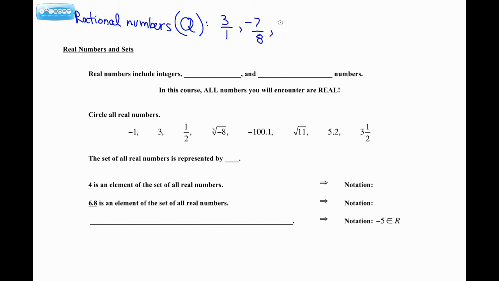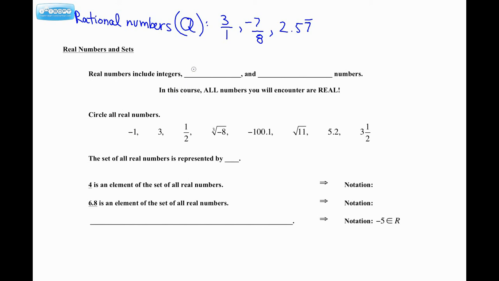Also, if you have a decimal, let's say it goes on forever, but it repeats somewhere. Okay, this can also be represented as a fraction. So all 3 of these numbers are examples of rational numbers. So what's a real number? Well, real numbers include integers.